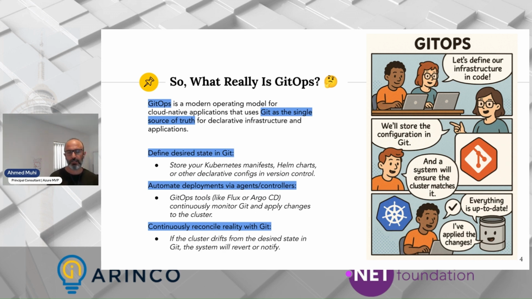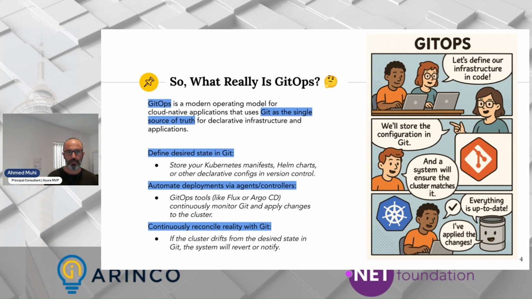Basically, GitOps makes your Git repository the single source of truth. You would have your configuration declared for your Kubernetes cluster, your deployment manifest, your service manifest, your Helm chart, all stored in Git and versioned and controlled by Git.